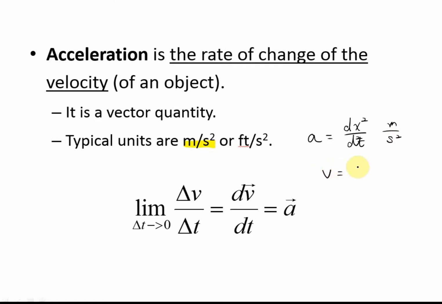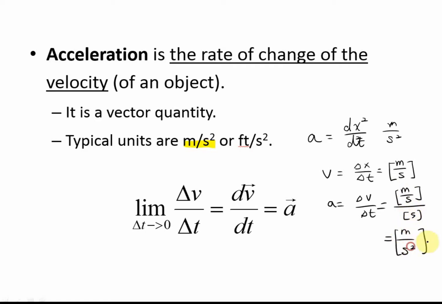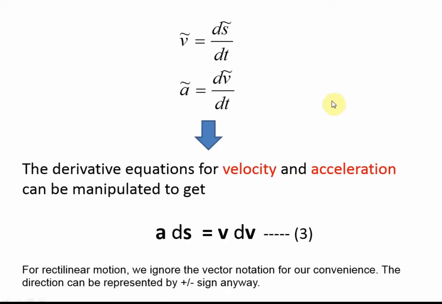Your velocity is delta x over delta t, so that unit is meter per second, but acceleration is delta v over delta t, so m over s, and another time unit is s, so this one becomes the meter per second square. So these two equations, derivatives, are fundamentals for kinematics.